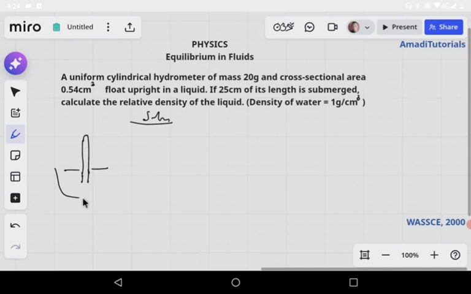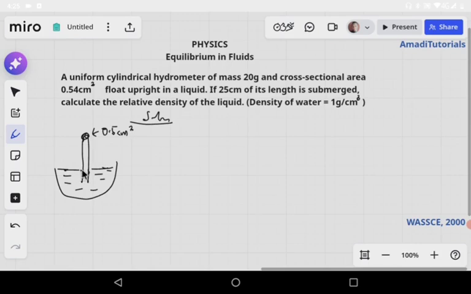So let's say this is the liquid. This looks like a barometer, but anyway, just for the illustration. It's a liquid that we don't really know the name of. Its cross-sectional area, what we mean is this circular area, is given as 0.54 cm square, and then we are told that 25 cm of its length is submerged.